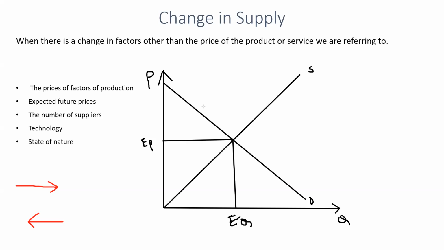Or let's say labor prices increase and you have to pay more to people working in your manufacturing plant or unit. If your cost of production increases, then because of the factors of production, it is going to be more expensive for you to produce that particular item, which is not a favorable situation.